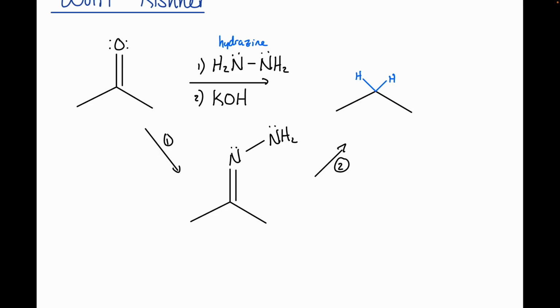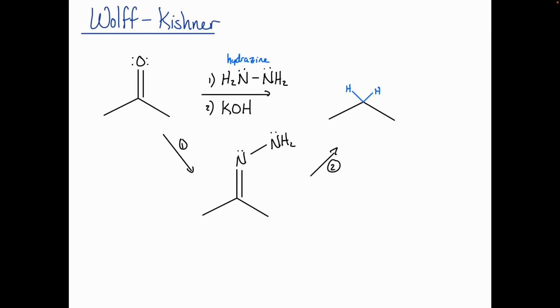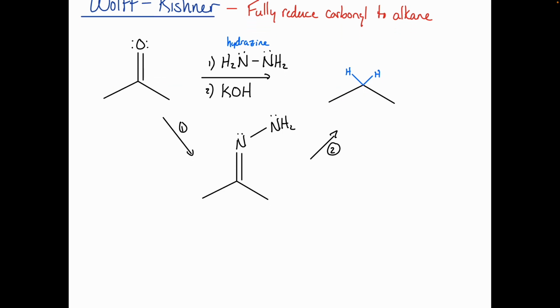All right, I've just fully reduced that carbonyl carbon, got rid of all those carbon-oxygen bonds, and replaced them with carbon-hydrogen bonds. Okay, so Wolff-Kishner here, we're going to fully reduce our carbonyl to an alkane. Effectively, our Wolff-Kishner reaction just chops off that carbonyl group, breaking that carbon-oxygen double bond and replacing it with two carbon-hydrogen bonds.